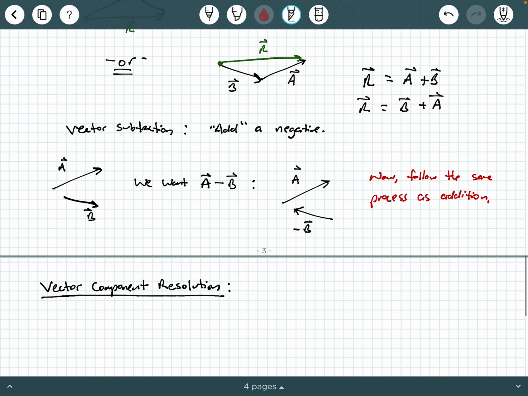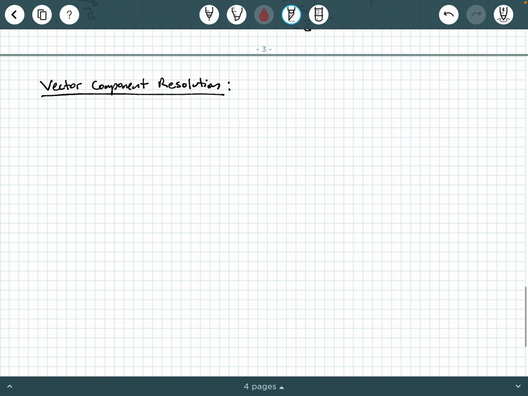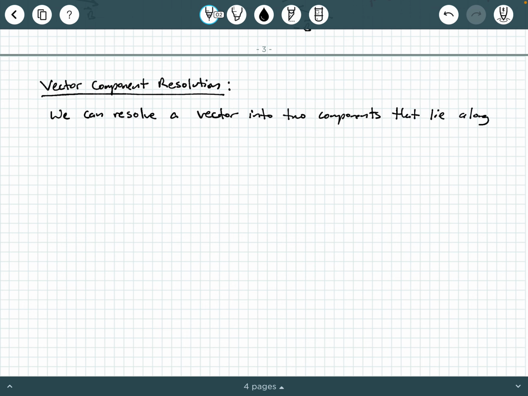What about vector component resolution? Okay, this is also an important thing we need to know. Okay, we can resolve a vector into two components that lie along different axes.